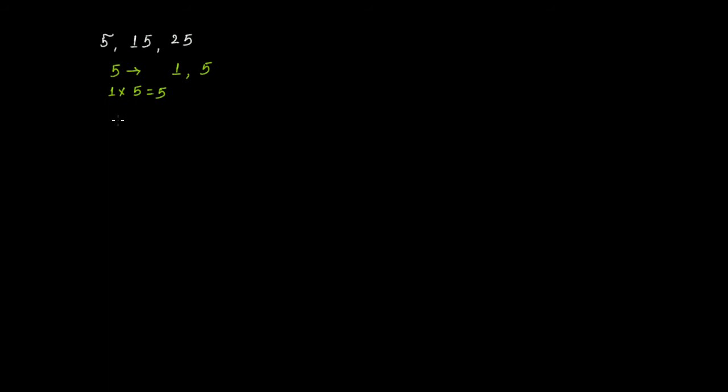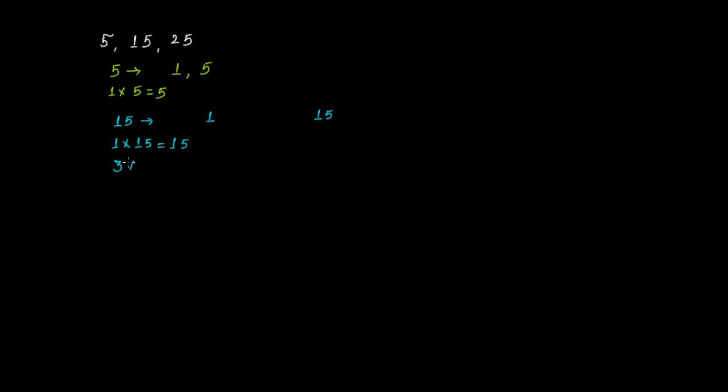Then you have 15. For 15, you can write 1 times 15. The smallest factor will be 1, and the greatest factor of 15 will be 15 itself. Then, what else?